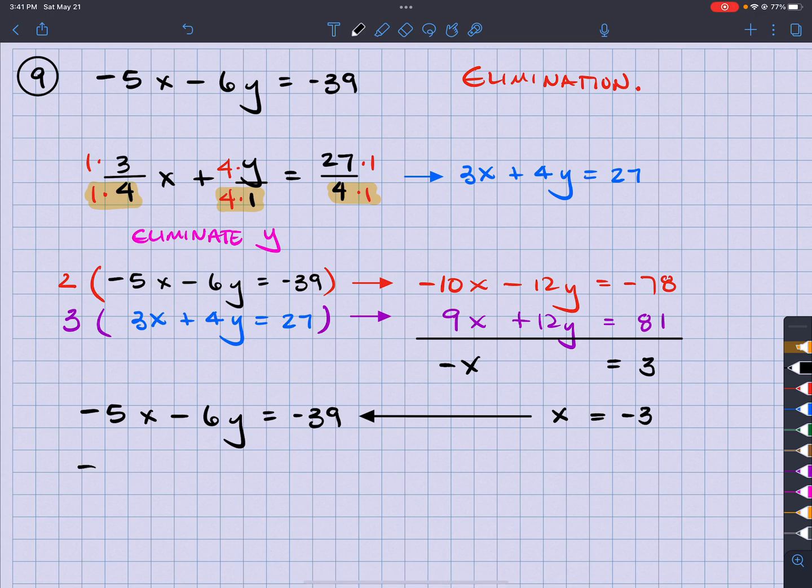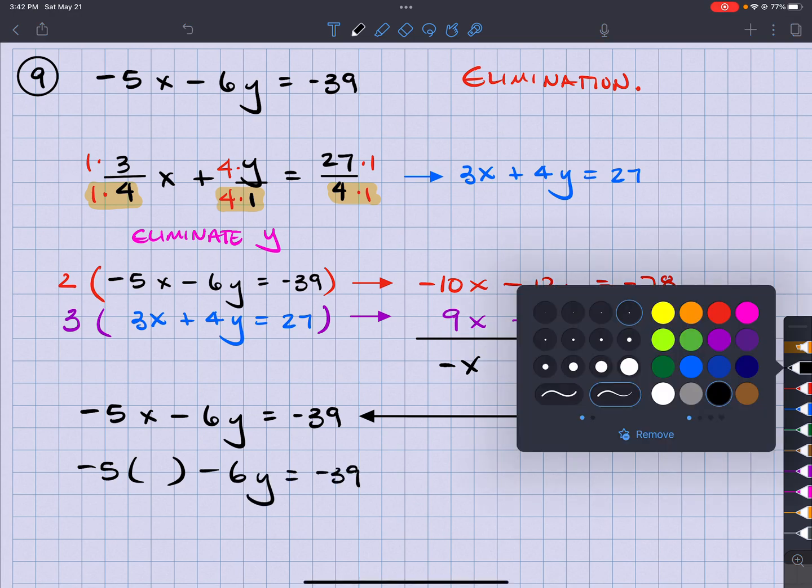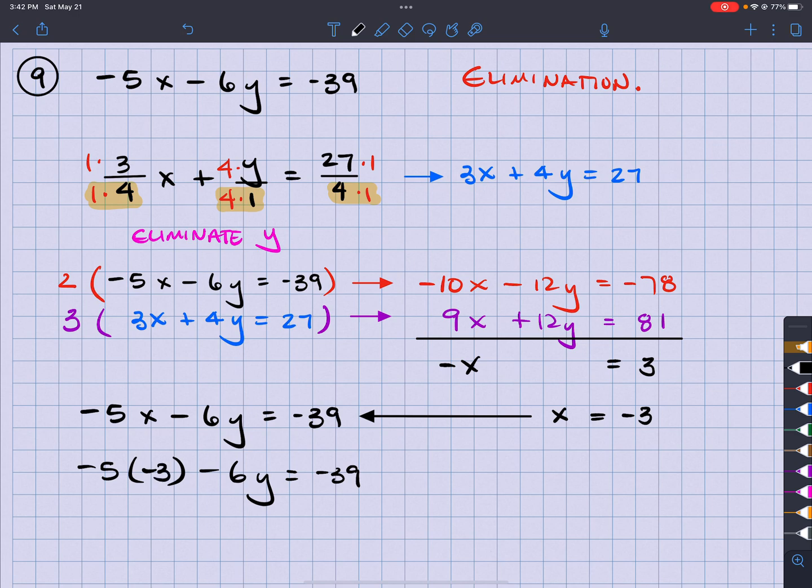So I'm going to have a -5 times that x, which is -3, minus 6y is equal to -39. So I have 15 minus 6y equals -39.